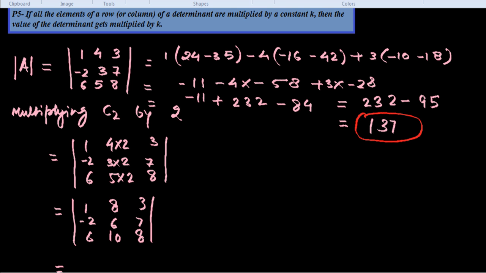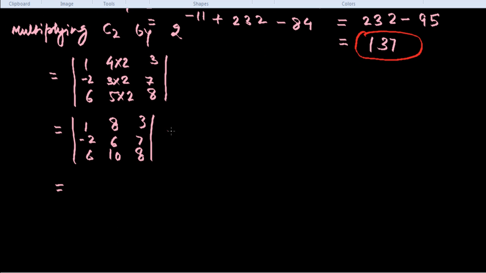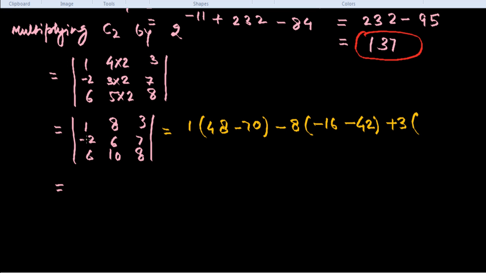Now we expand this one. I change the color here. So we get 1 multiplied by 6 into 8, 48, minus 70. The second sign is negative: minus 2 into 8, minus 16, minus 42. Here we get 3 times minus 2 into 10, minus 20, and 6 into 6, minus 36.